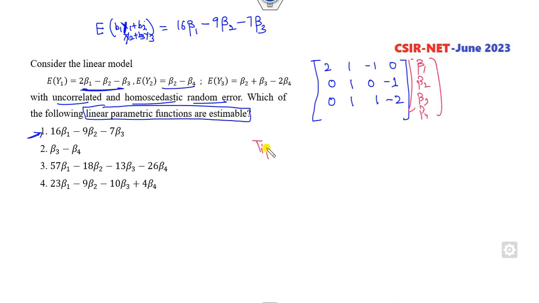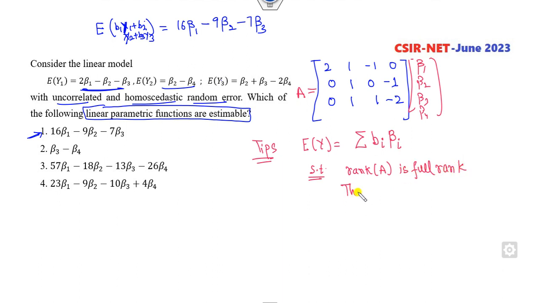Fine. Now what is the tip for you? Any of this expected value, say E of y, if you can write this as sum of b_i beta_i, such that the rank of the matrix, if I call this matrix A, is full rank, then the linear combination of this function of beta_i is estimable if the sum of the b_i is 1.